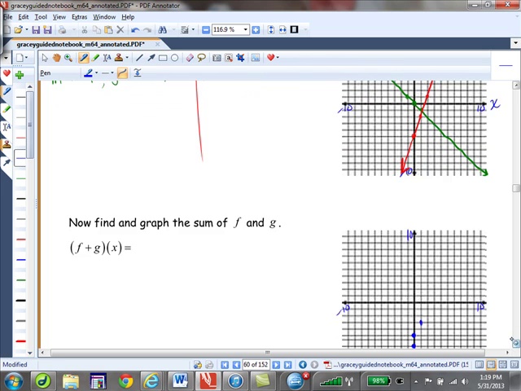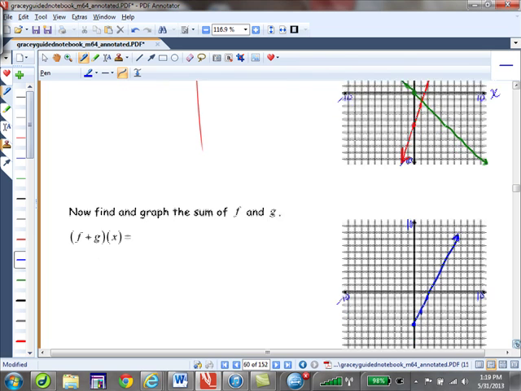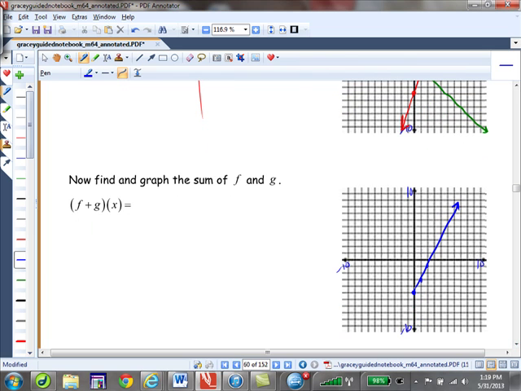So we'd have an ordered pair at 2, negative 1. And do you see that we have this constant slope? 2 up, 1 to the right. 2 up, 1 to the right. So when we add these two functions, we'll get another line looking something like that.